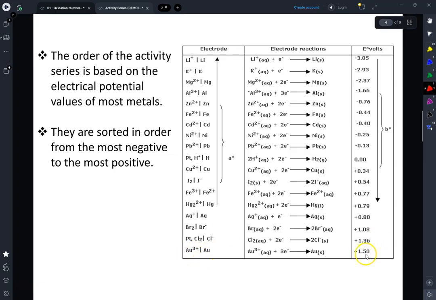Because the magnitude of its reduction potential is higher than that of silver, gold is a stronger oxidizing agent than silver. Conversely, lithium has a higher magnitude than, say, aluminum, and because it's a negative potential difference, they are trying to lose electrons, so they're being oxidized.